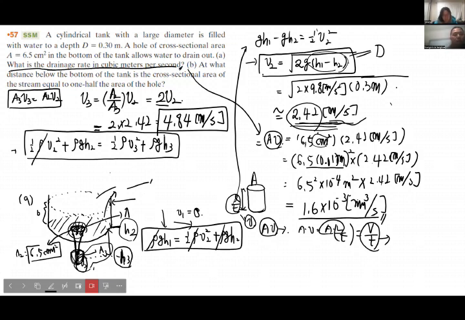So now you can get rid of the rho out of this formula. And this H2 minus H3 is the distance from the bottom of this tank to point 3, which has an area of 1/2 the area of the hole, right?